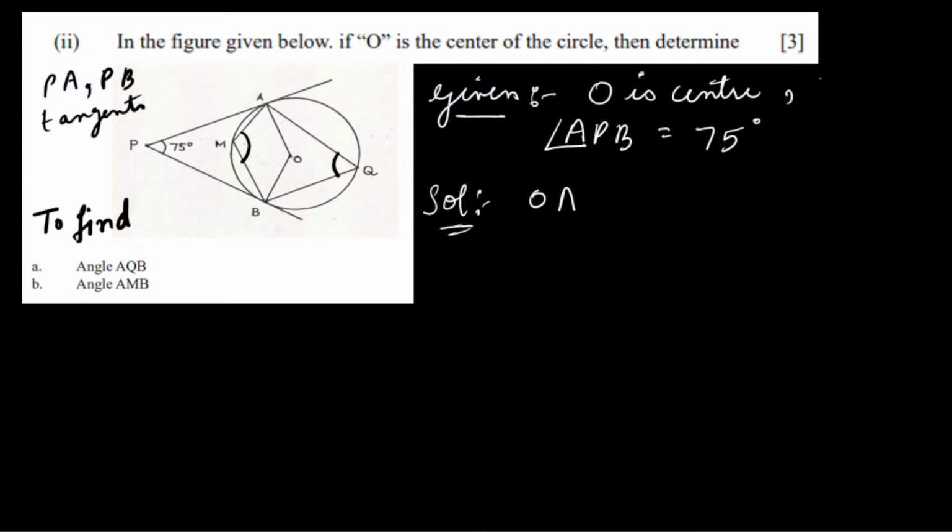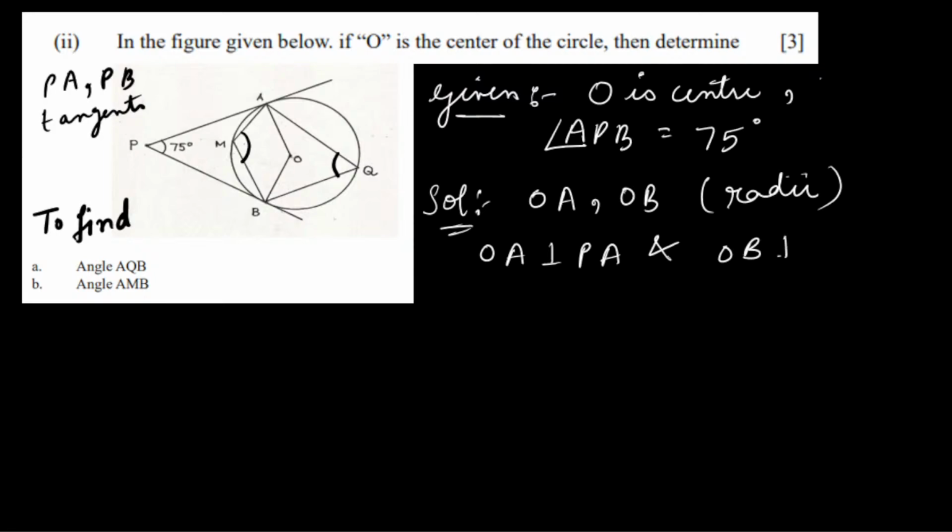We know OA and OB are both radii. So OA is perpendicular to PA and OB is perpendicular to PB. The relation we know: a radius and a tangent are perpendicular.